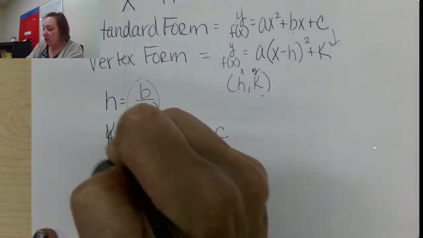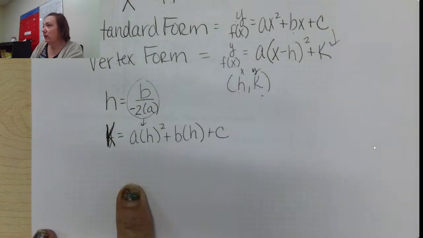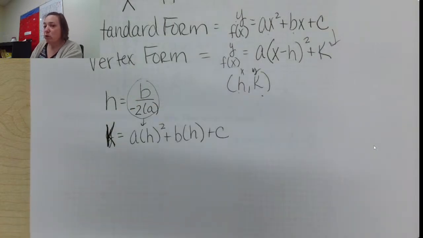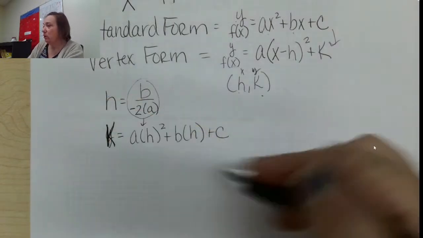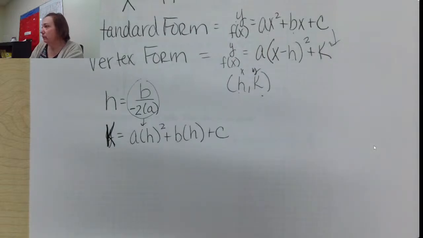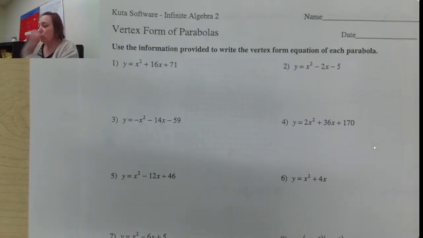I put y, but I should have put k. That'll give us our k value. Then once we know those, we can just plug it into our equation. Okay? All right, y'all ready to try it? We're going to do number one. We're going to do a few together, and then you're going to do some on your own, okay?